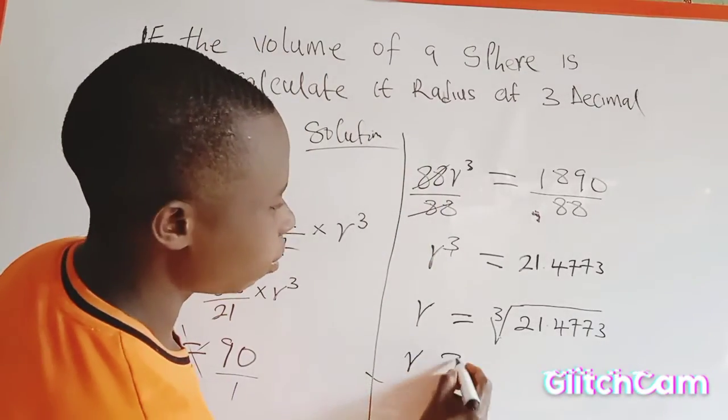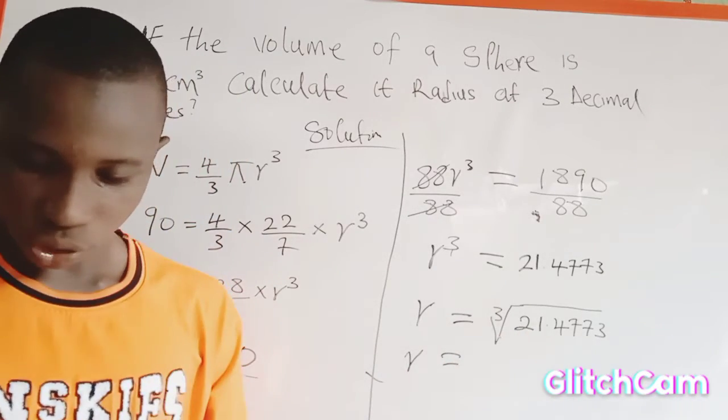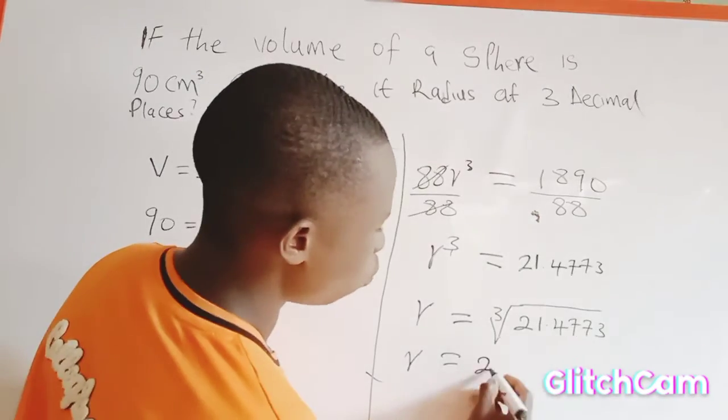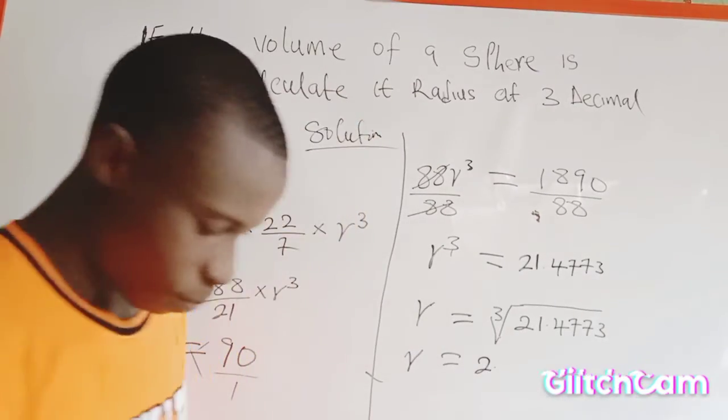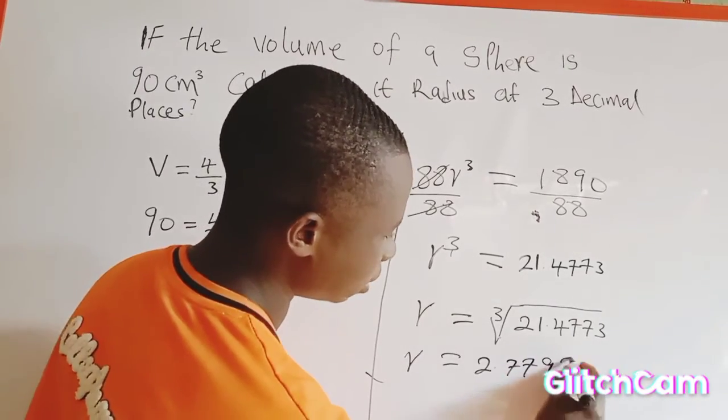So my r will be equal to the cube root of 4.5341, which will give me 1.6544.